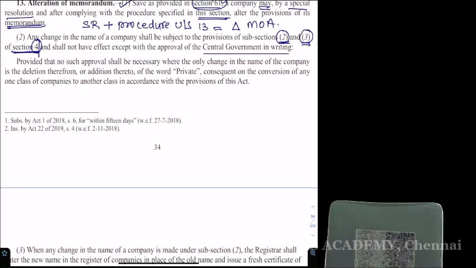Now in both the cases, do I need to take the approvals under this section? Yes, you should take. Special resolution is not exempted. CG approval only is exempted, because nothing is undesirable and offensive. Special resolution is mandatory in all cases.